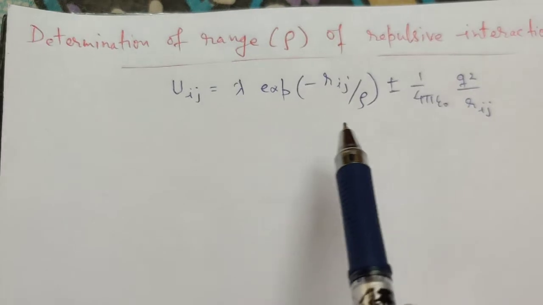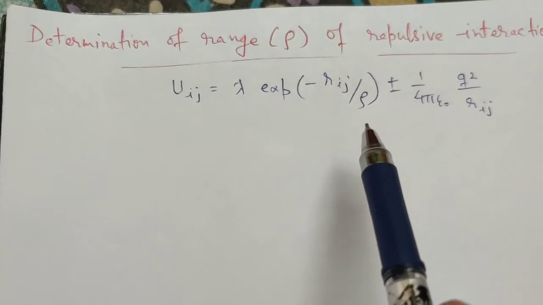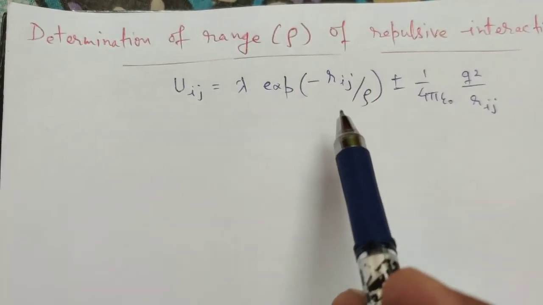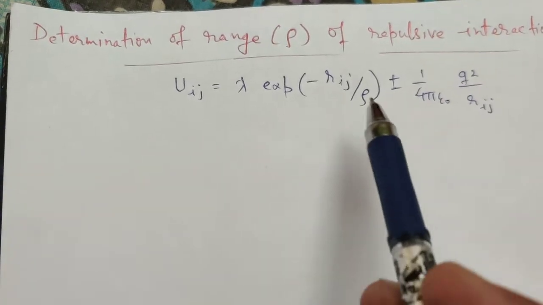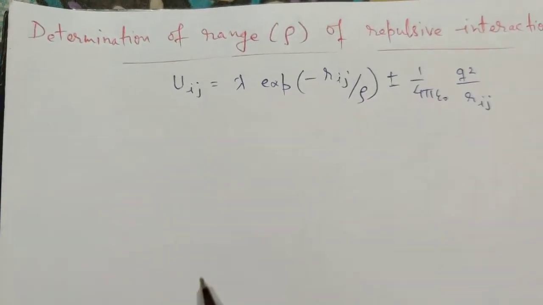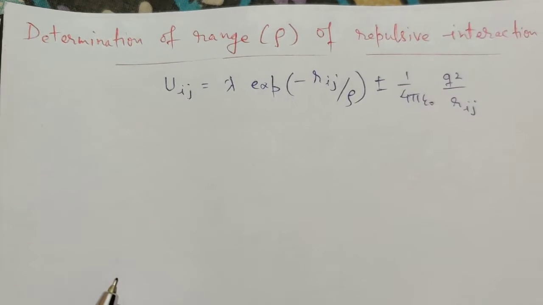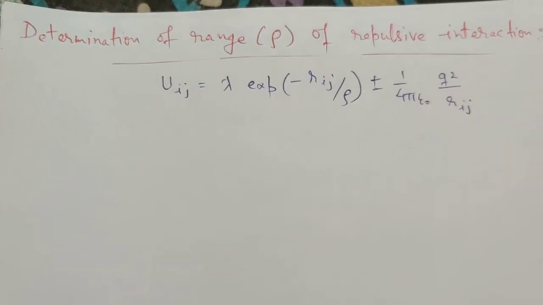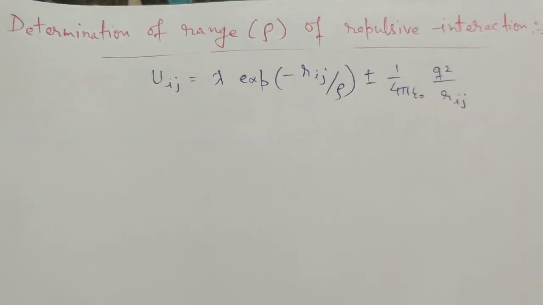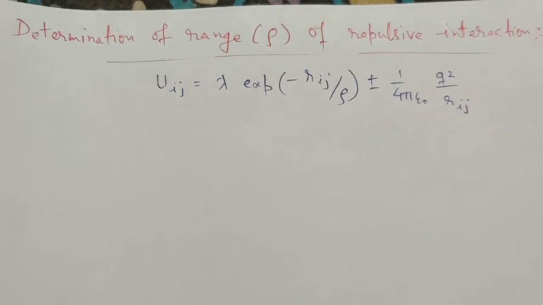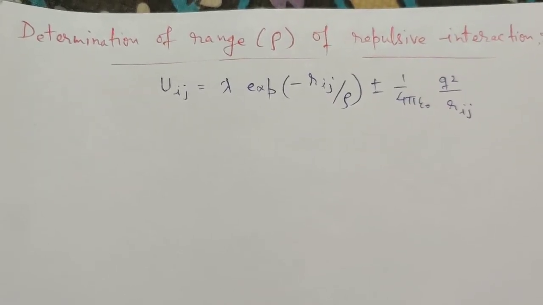This range rho of the repulsive interaction can be obtained from the measurement of the compressibility of the crystal. In order to find the compressibility of the crystal, we have to know the bulk modulus of that particular crystalline solid.